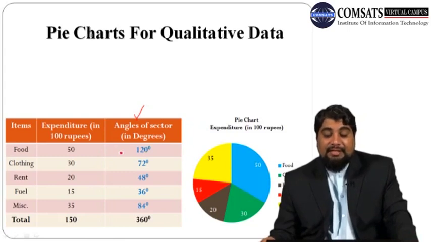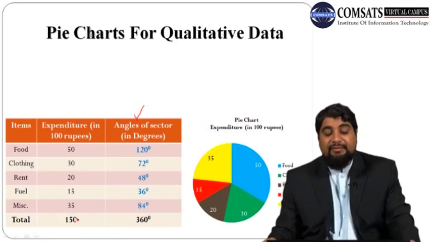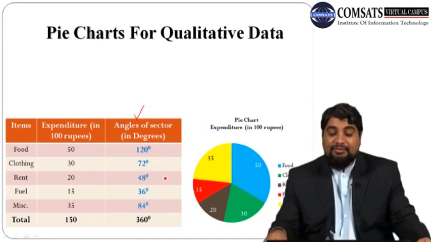In order to find this angle, it is 50 divided by 150 into 360. So we get 120 degrees. Similarly, 30 divided by 150 into 360, you get 72 degrees. 20 by 150 into 360, you get 48 degrees, and so on.